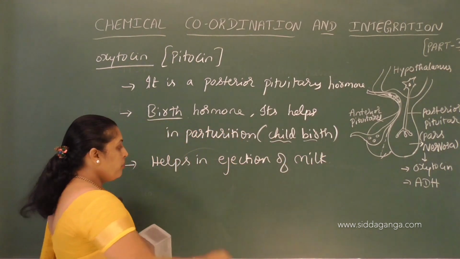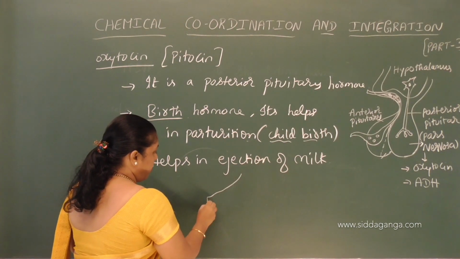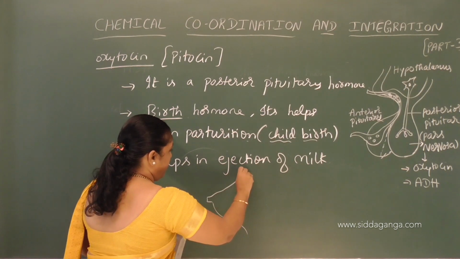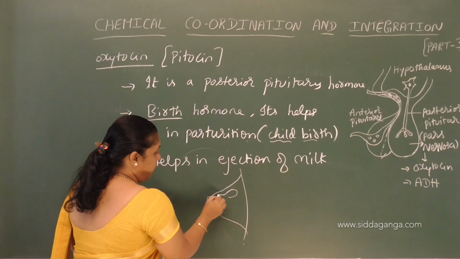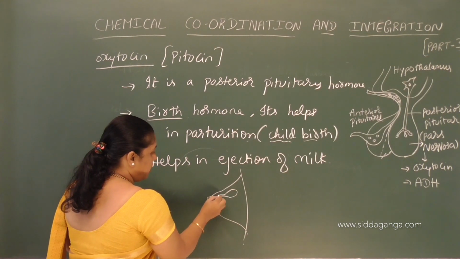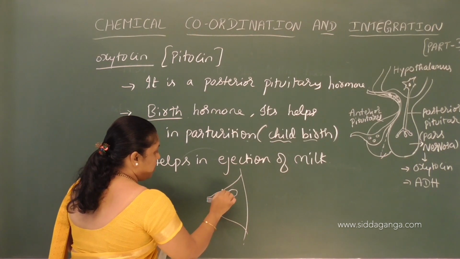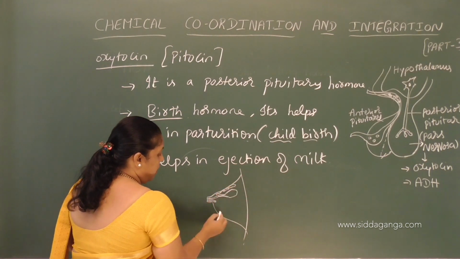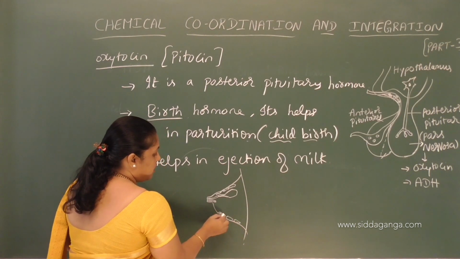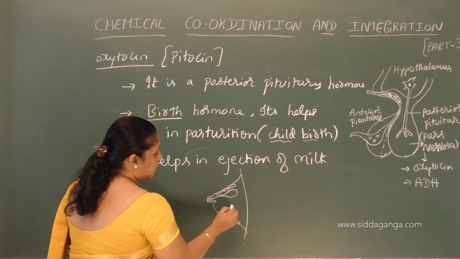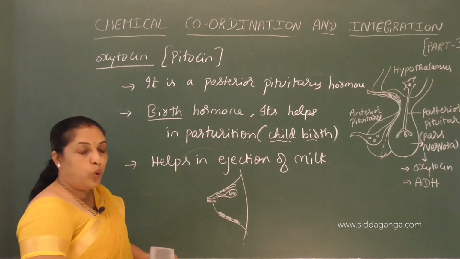So what happens? Here these are alveoli, mammary duct, then it leads to lactiferous duct. You will study in detail about this in second year. These are fatty tissues. This is alveoli, mammary alveoli.